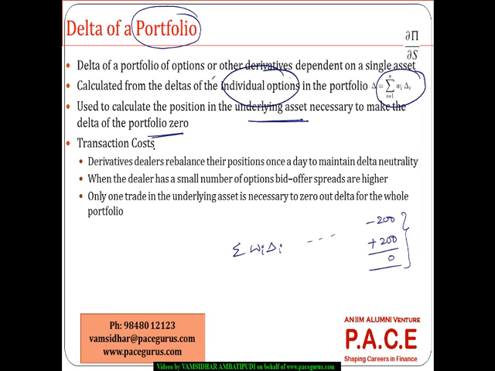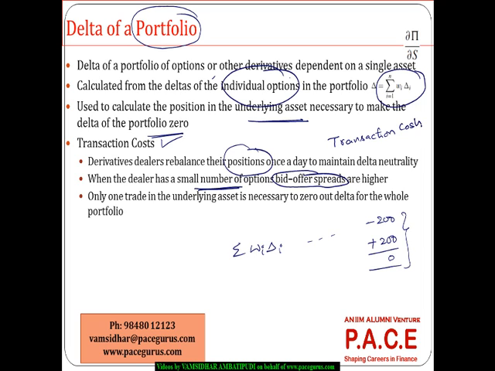Worth of that particular portfolio to make the overall portfolio delta 0 and make it delta neutral. Now, looking at it from the transaction cost dimension, derivative traders in reality balance their positions at least once a day. So they are trying to maintain their portfolio very close to a 0 delta scenario. But remember the practicality: if there is a smaller number of options, the bid offer spread is very high, meaning the transaction costs are much higher.